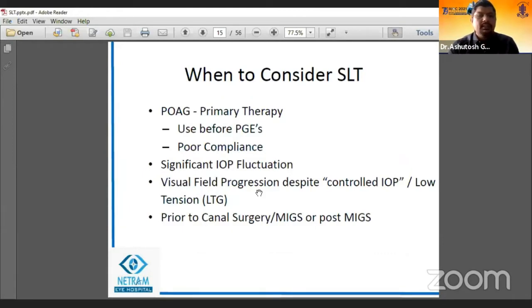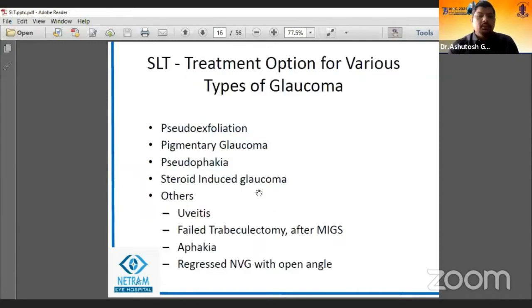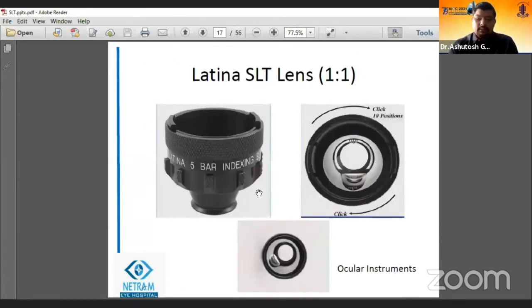We can consider SLT as a primary therapy in open-angle glaucomas, ocular hypertension, and patients on maximum therapy prior to MIGS, and in pseudoexfoliation glaucomas, pigmentary glaucomas, glaucoma in pseudophakia, and steroid glaucomas. This is the lens which has to be used to focus.